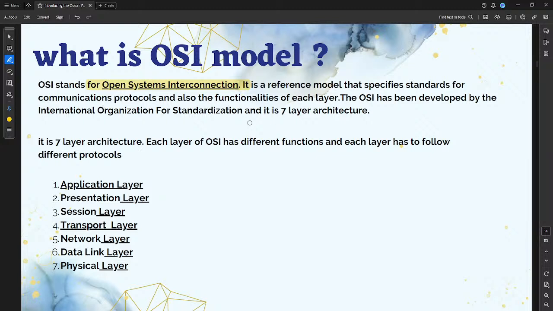Now, think about this. How do you think communication was done on primitive systems?